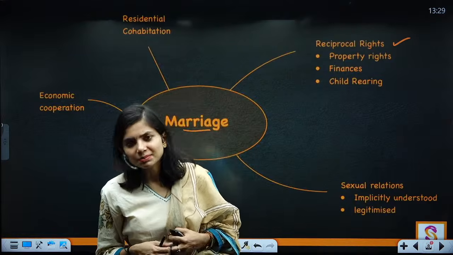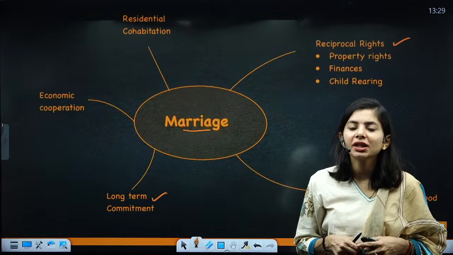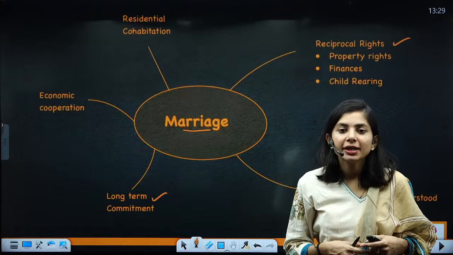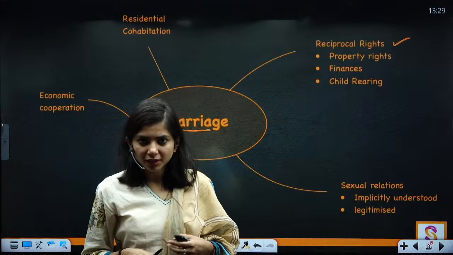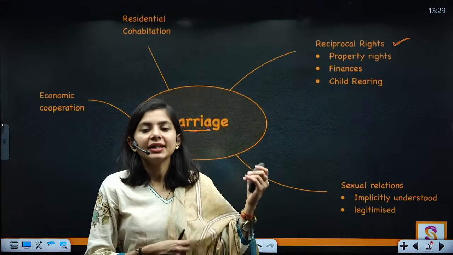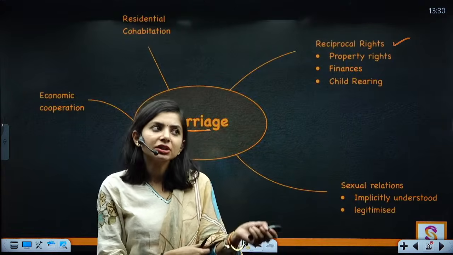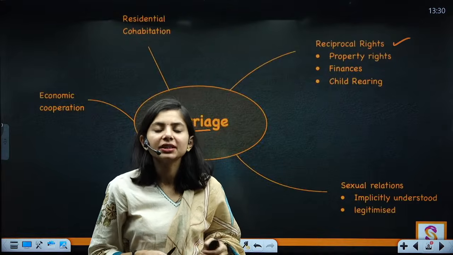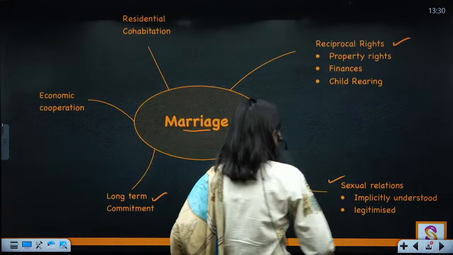So the husband stepped forward and took complete responsibility of the household work, and he left his job. Now the wife was going to office, doing the work, earning the money, and the husband was having a household based life. So this is what we can say, that the responsibility of rearing a child belongs completely to the male as well as the female.